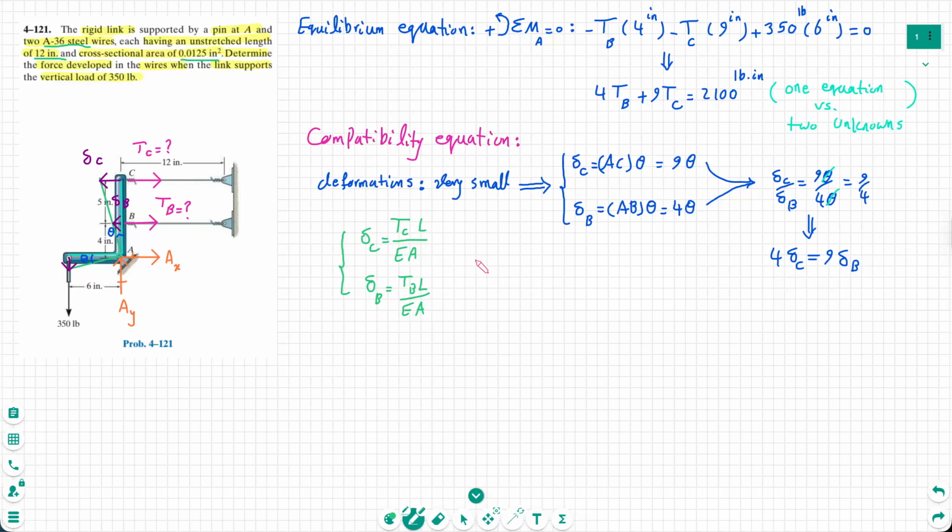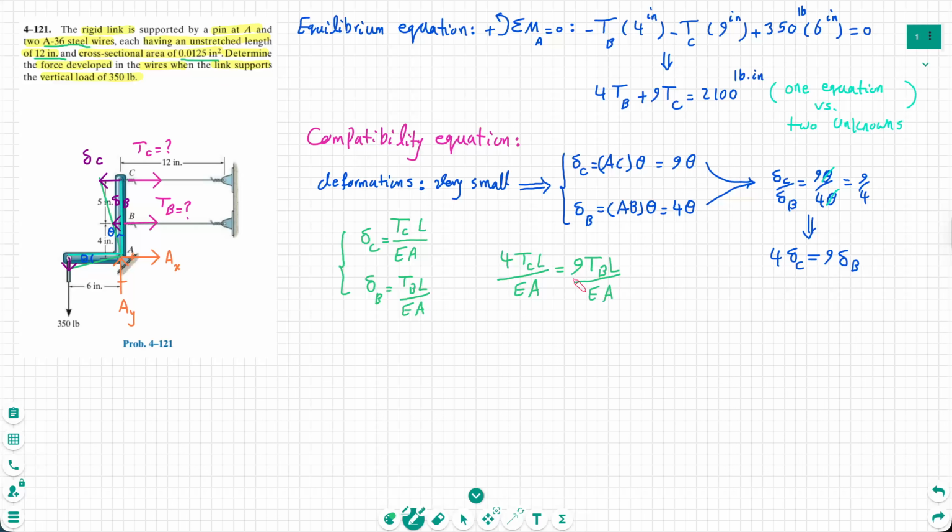So if I combine this with the equation that we found here, we can write this formula: TC L over EA for delta C equals 9 delta B, that is TB L over EA.